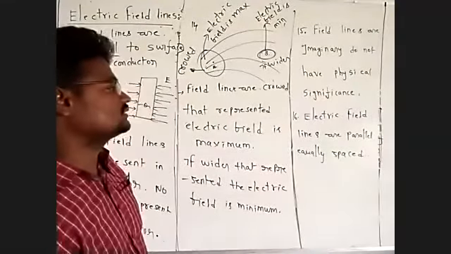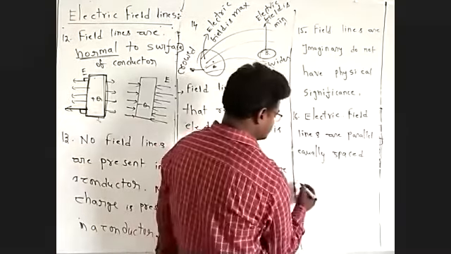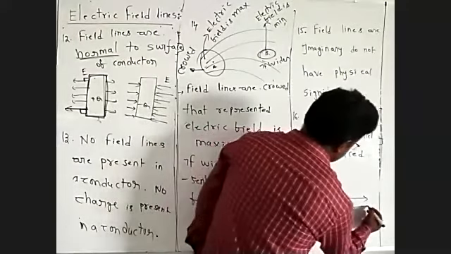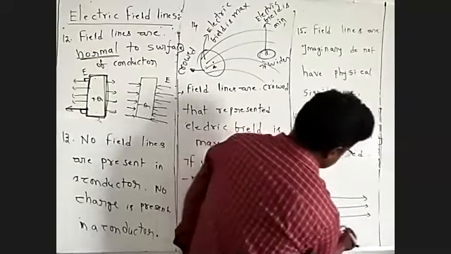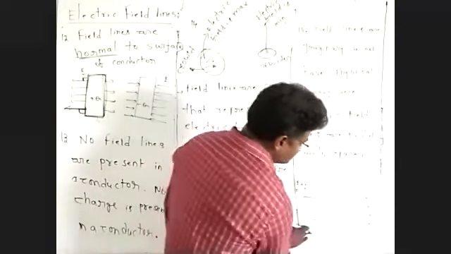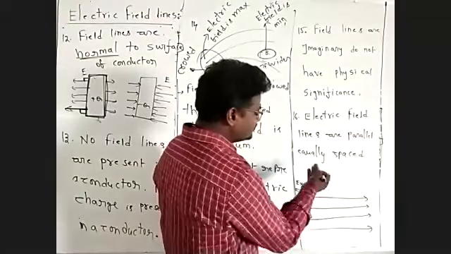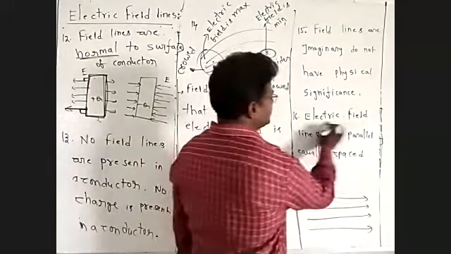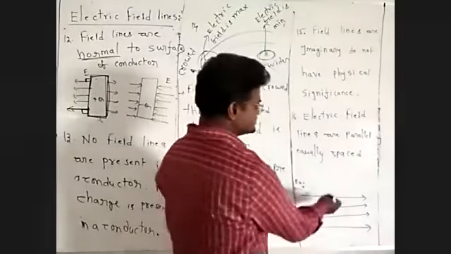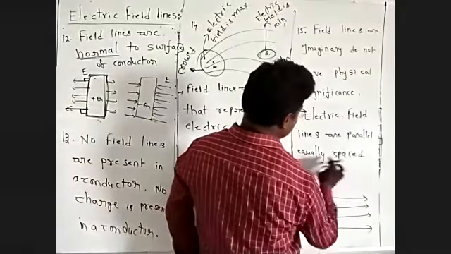For example, this is one electric field line, another, one more, another. One line, second line, third line, fourth line. All electric field lines are parallel and equidistant. This is called a uniform electric field.